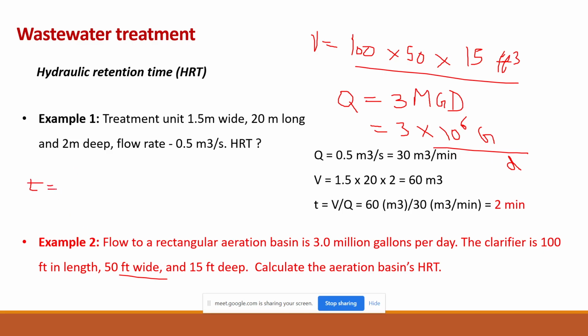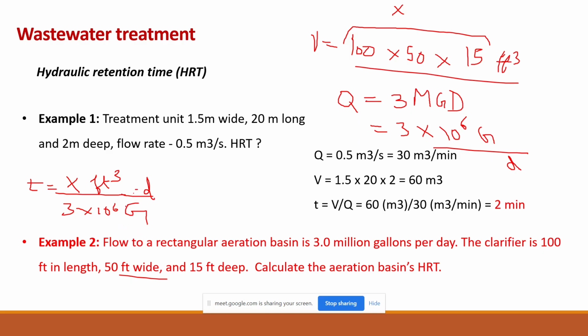So hydraulic retention time will be, suppose this entire value comes out to be x, so this will be x feet cube divided by 3 into 10 to the power 6, because it was million, so 10 to the power 6 will come, gallons per day.